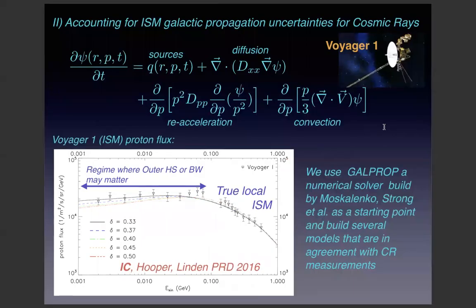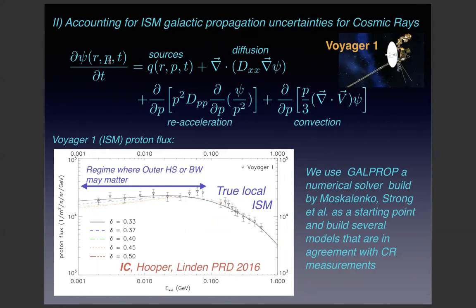Regarding the interstellar medium propagation uncertainties, what we do is we use the Galprop numerical solver, which was developed by Moskalenko, Strong, and others. That package basically takes the propagation equation of cosmic rays, where you study the cosmic ray density at a given position, time, and energy throughout the Milky Way.